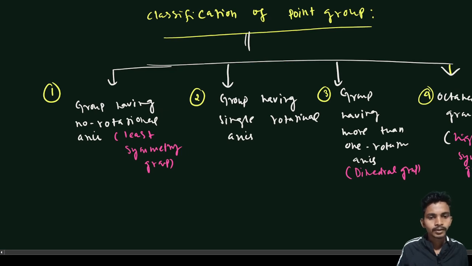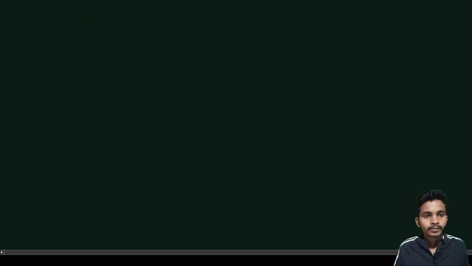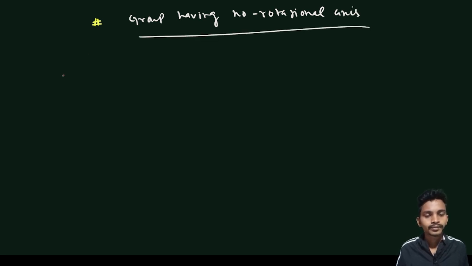Let us discuss a group having no rotational axis. The first category we will discuss is a group having no rotational axis. So that is called the least symmetry group.